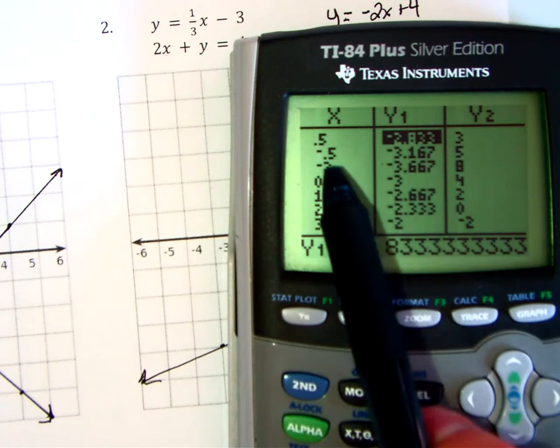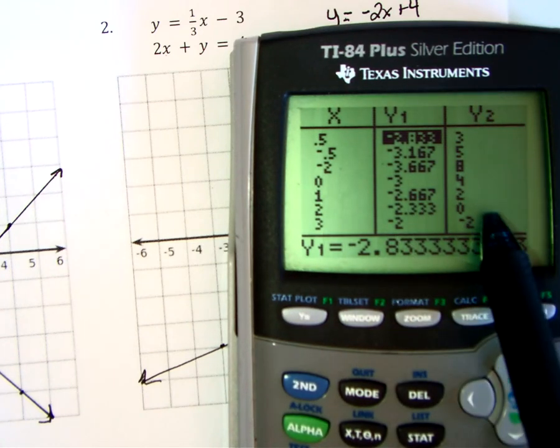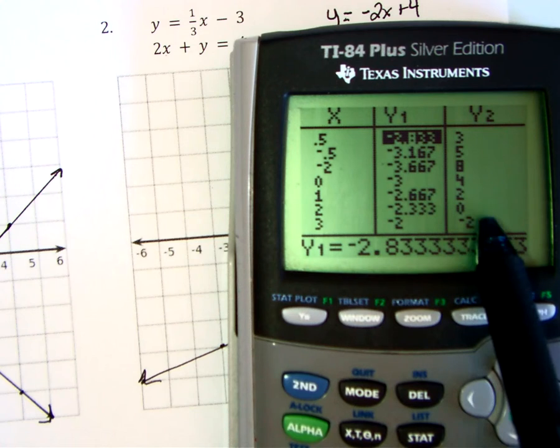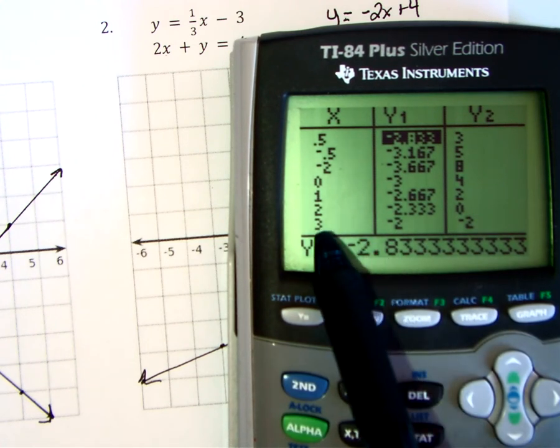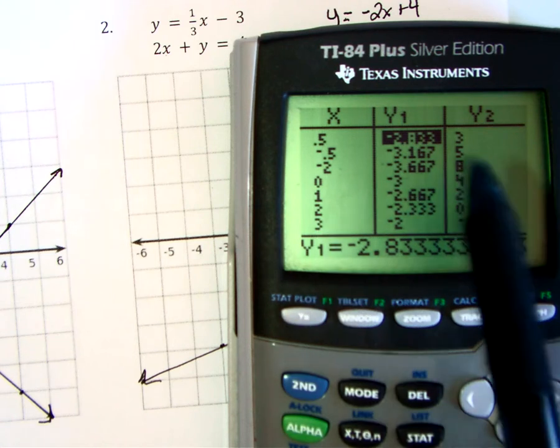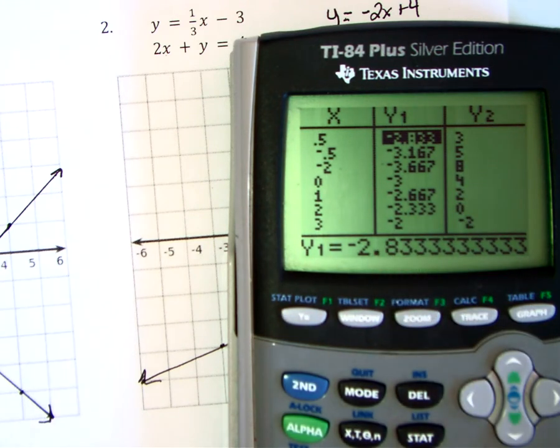So when I'm looking here, I see y1 is my one equation, y2 is my second equation. These are the y values for any given x values. So when x is 3, that's the only place that I can see the y values are the same. So that would be the point of intersection.